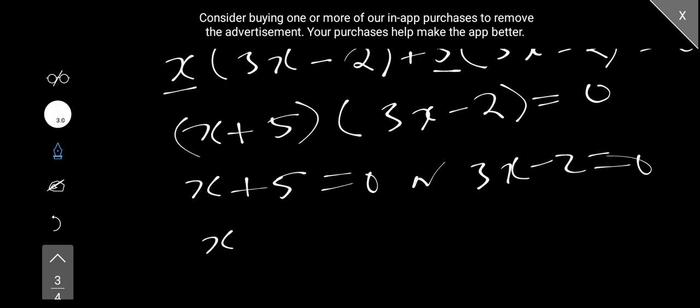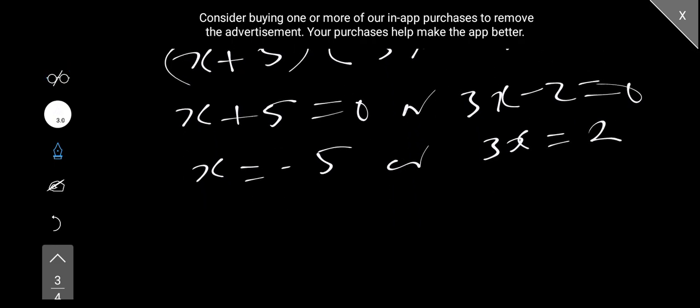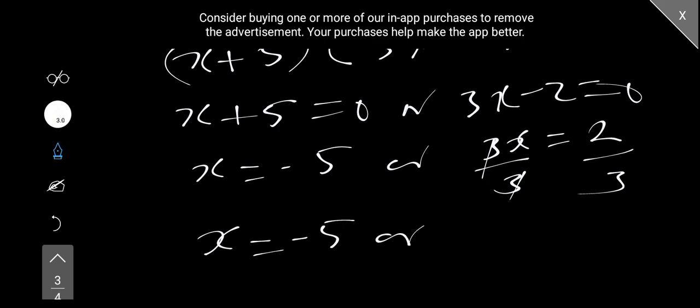Therefore, we have x being minus 5, or 3x is equal to plus 2 there. When we divide by 3 both sides, the remaining of x, the final answer will be x is equal to minus 5, or x is equal to 2 out of 3.